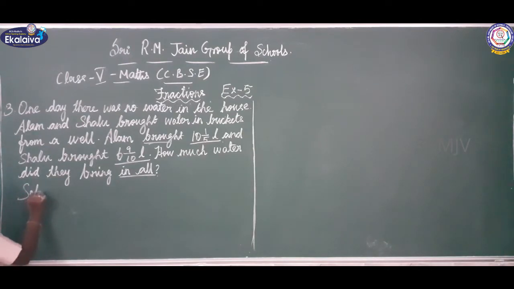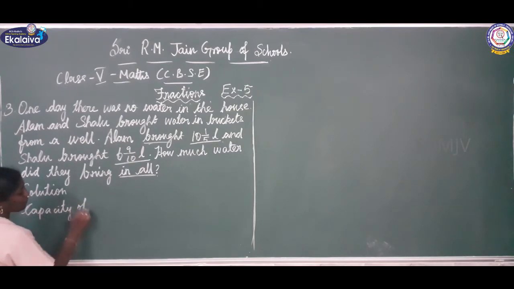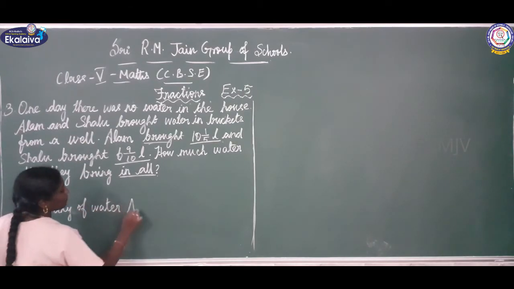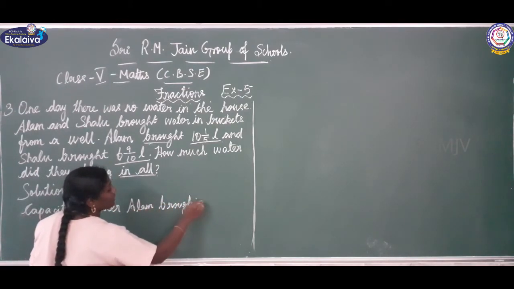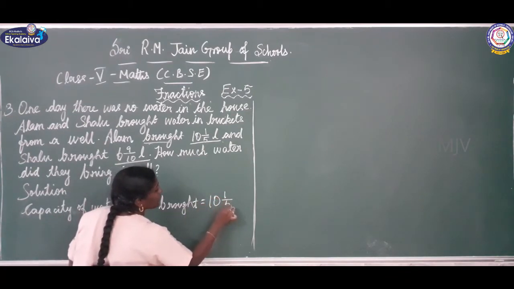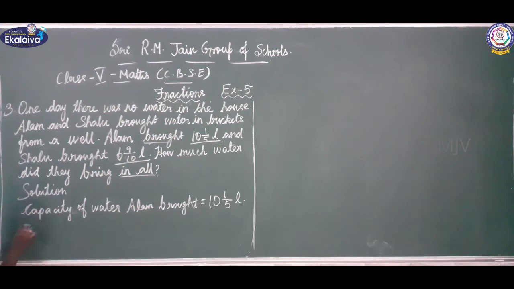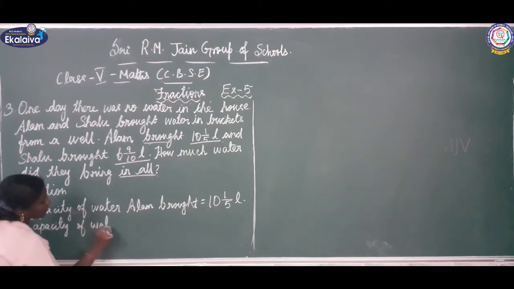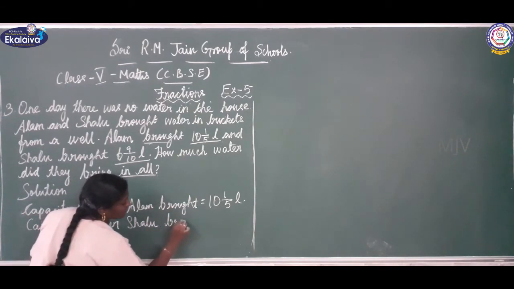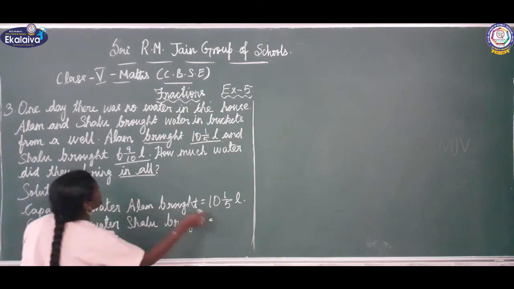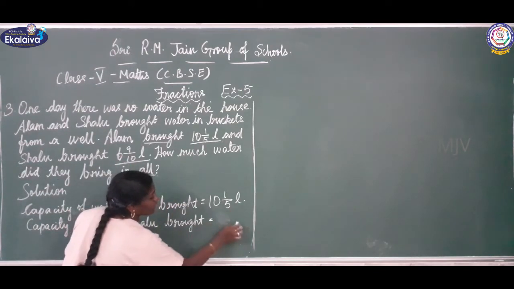Okay, let us start the solution. Capacity of water Alam brought is equal to 10 1 by 5 liter. Then capacity of water Shalu brought is equal to 6 9 by 10 liter.